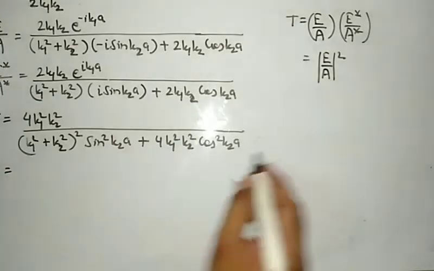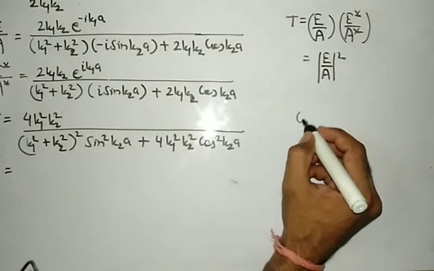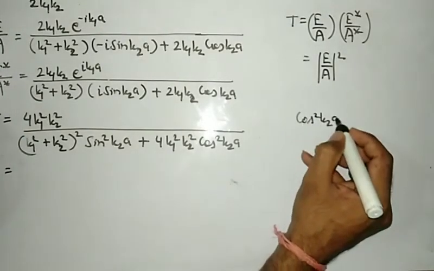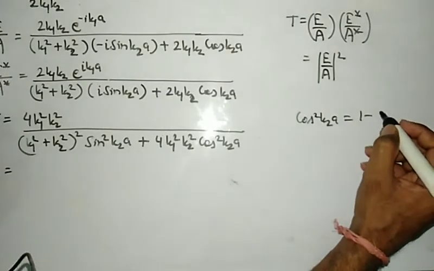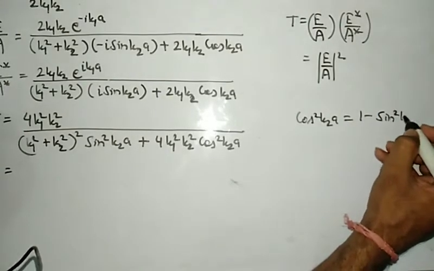So writing once more, cos square k2 a will be 1 minus sin square k2 a.